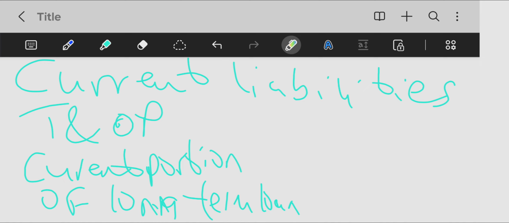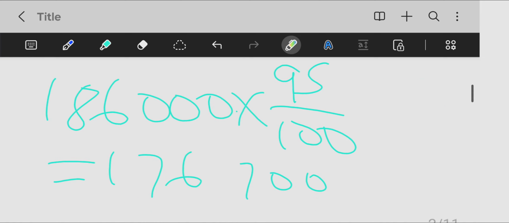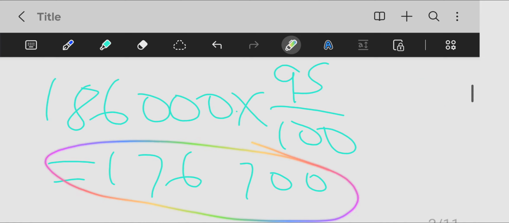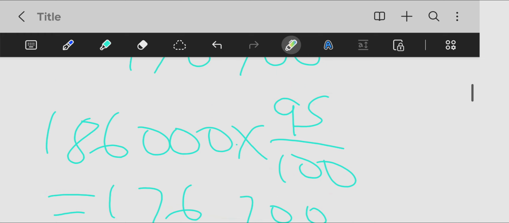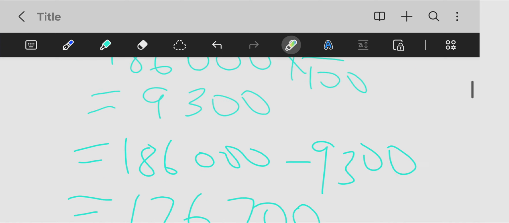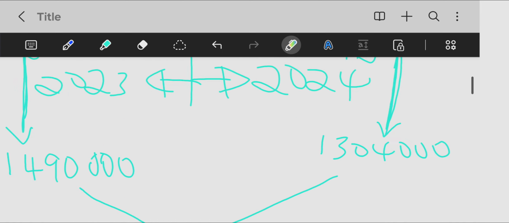So, this 176 is the installment that we're going to be paying next year. And next year is within 12 months. So, this is the balance of the loan on the 30th of June.